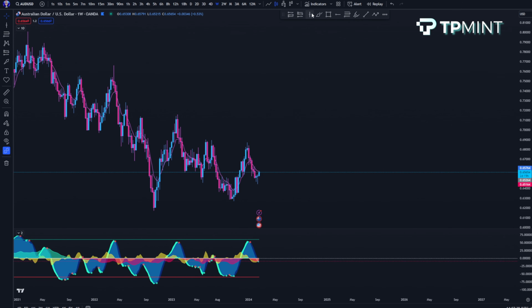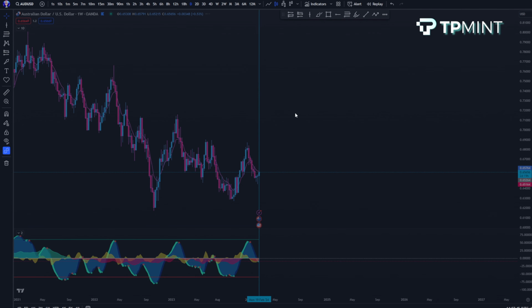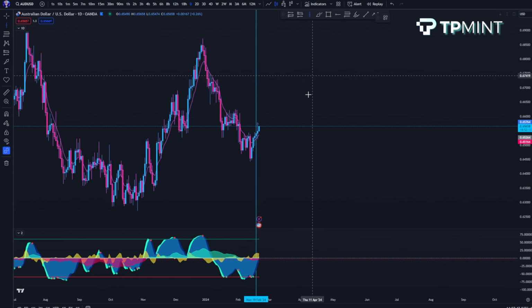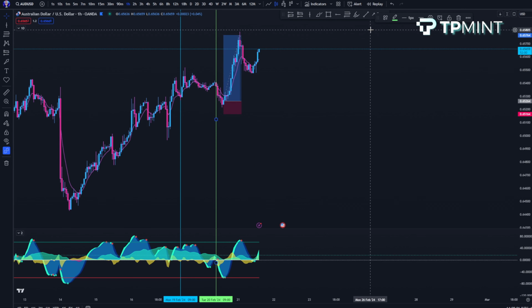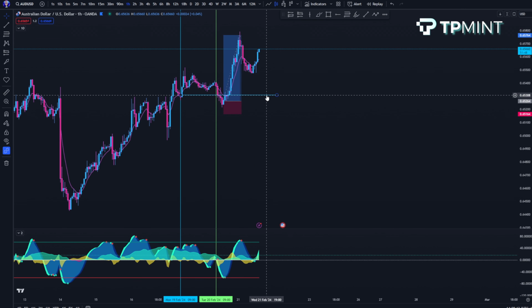Okay, so I'm going to mark up the weekly open in blue, and then I'm going to go to the daily and mark up yesterday, the daily open in green, because that is part of the criteria we need for the mechanical trading strategy. So for the weekly 1 hour, the entry time frame is the 1 hour time frame. So that's the open for the week.